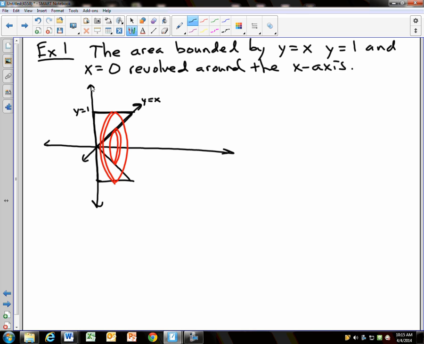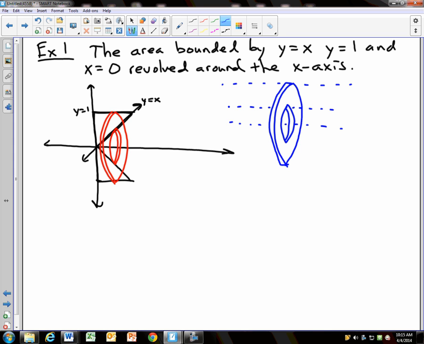So I get this washer shape, and here's what I do. I take my washer, which I think I've done a really good job of drawing. I like to label the center of it, and then I like to label that portion and then the top portion.